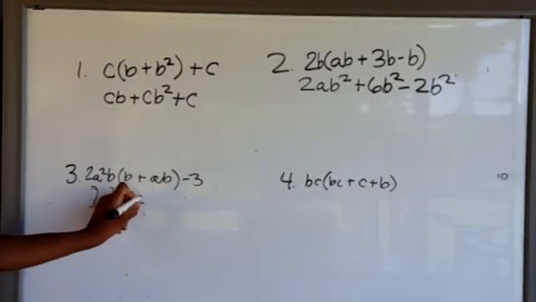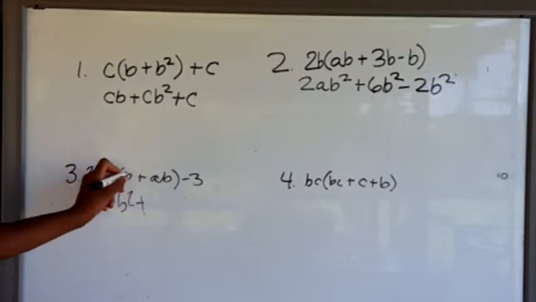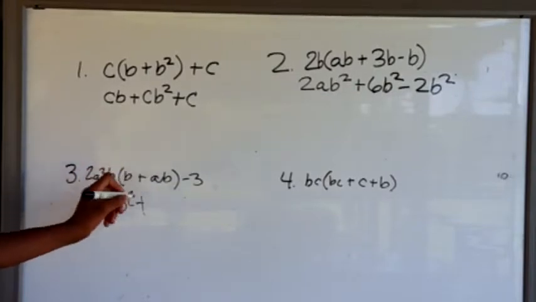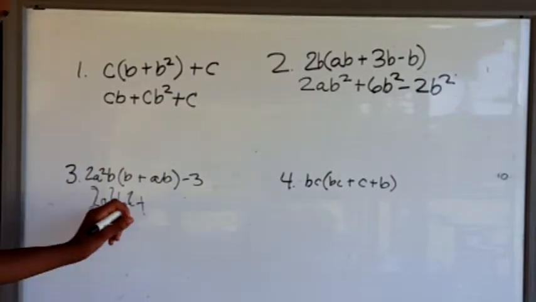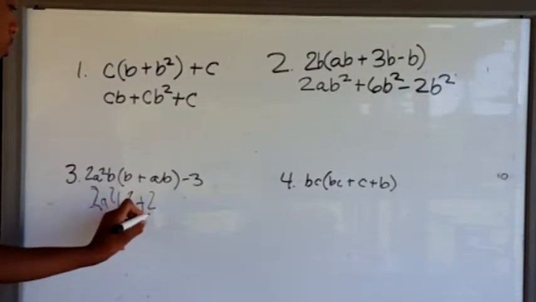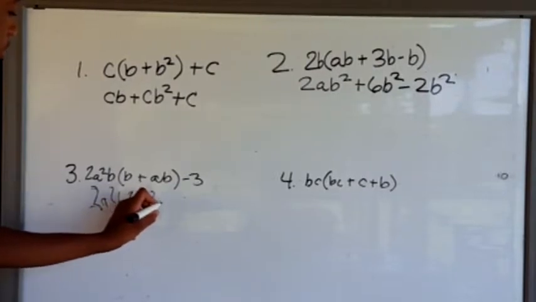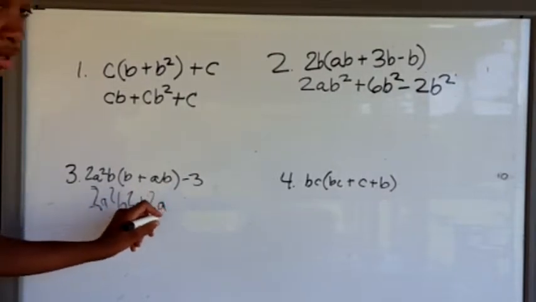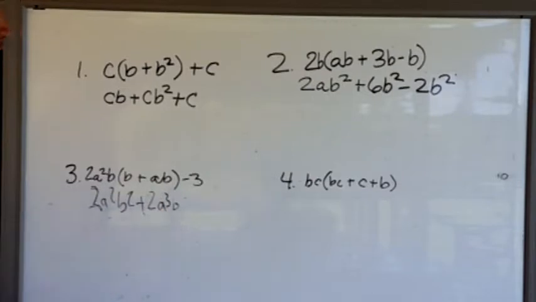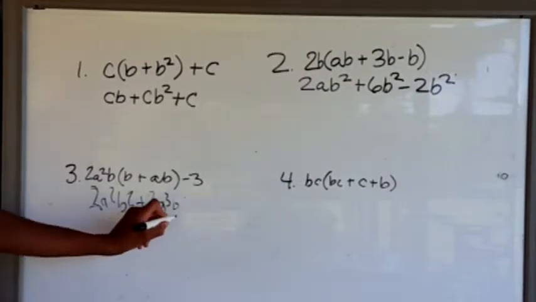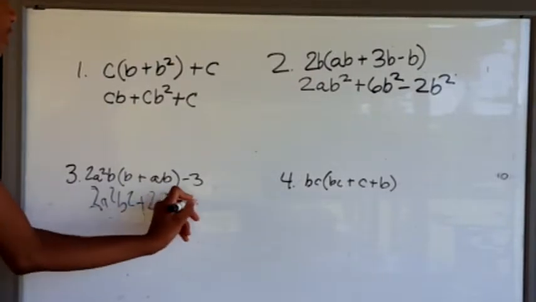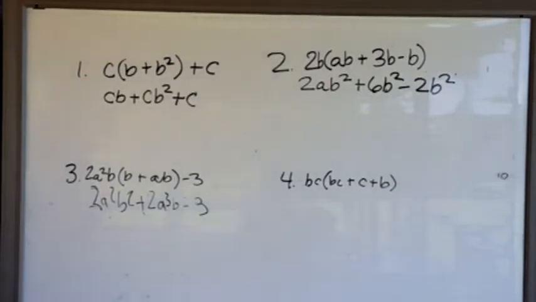And then I would add, since you're adding 2 positives, it would be 2a squared b times ab. Multiplying 2 positives, and you get 2a cubed and b squared, minus 3.